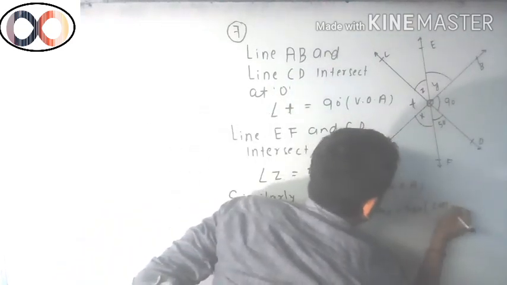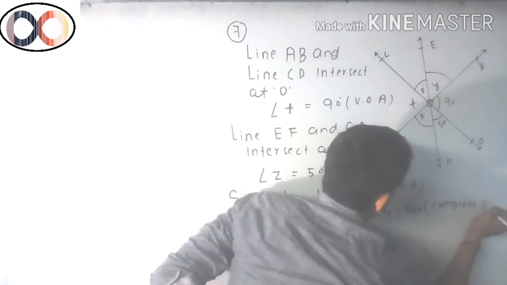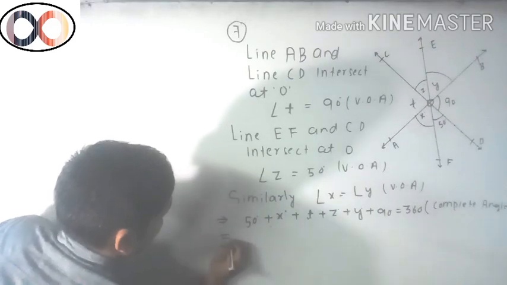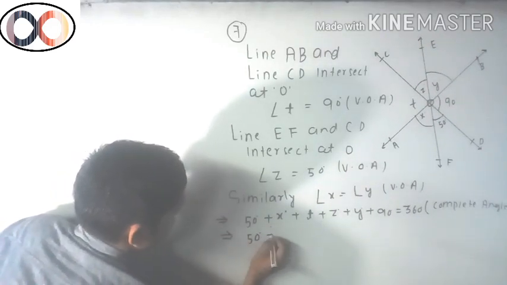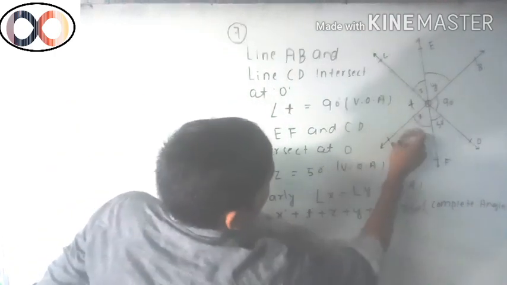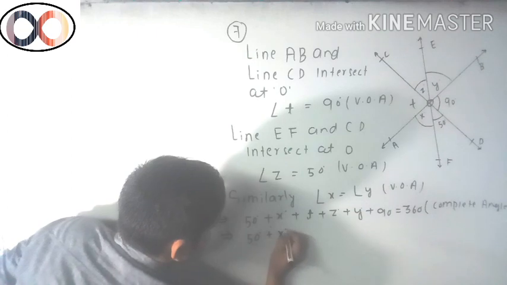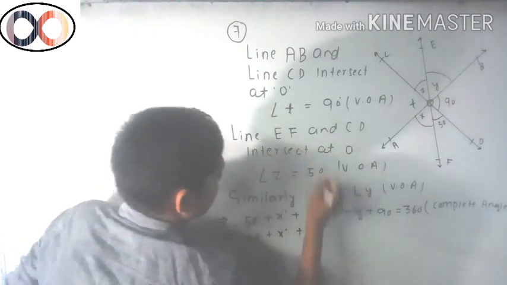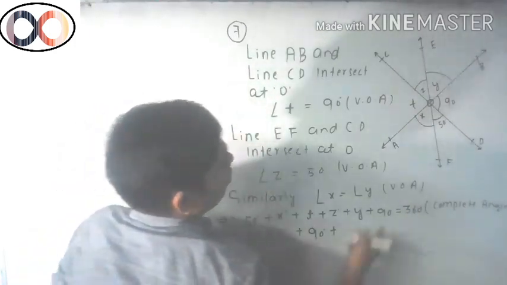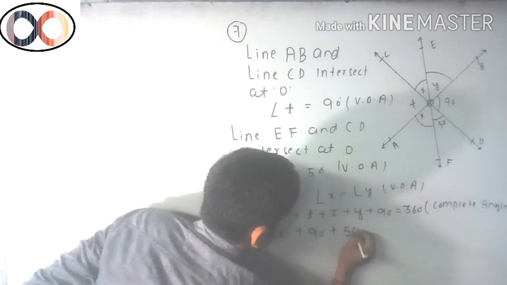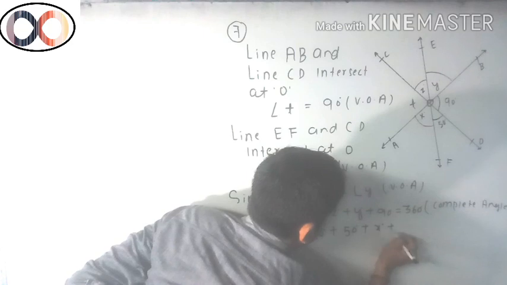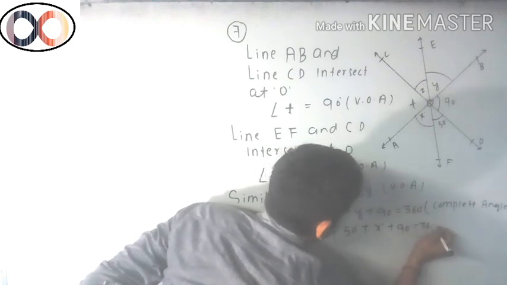Let me put in the values of all the angles: 50 plus x, where x equals y, plus t equals 90, and z equals 50, and y equals x, plus 90 equals 360.